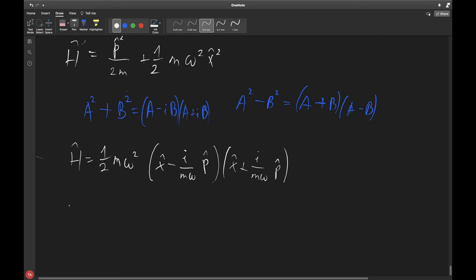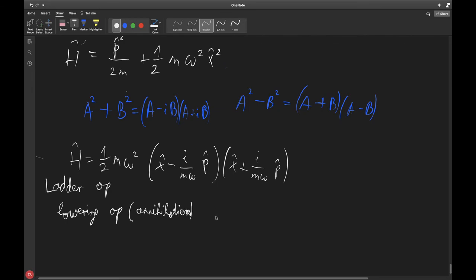The operator that is lowering, so it's moving us down in the energy ladder, is called A. Okay, first of all, ladder operators, and then we have the ladder operator that's moving down, so that's the lowering operator, also called the annihilation operator. Annihilation means that our particle gets destroyed.